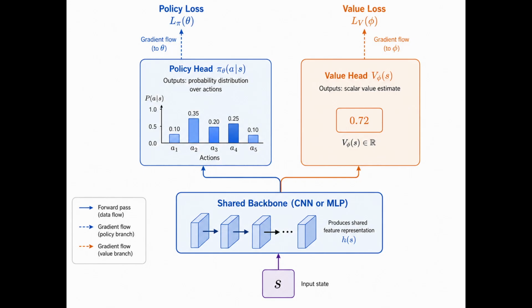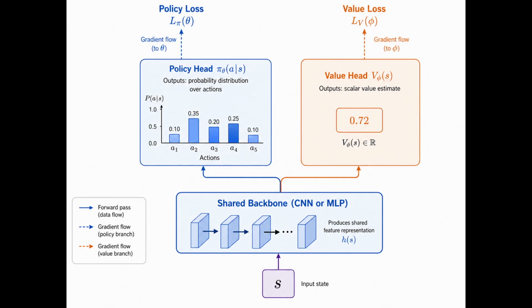A_t^GAE(γ,λ) = Σ from l = 0 to infinity of (γλ)^l δ_(t+l), where δ_t = r_t + γV(s_(t+1)) - V(s_t) is the TD residual, a one-step advantage estimate.